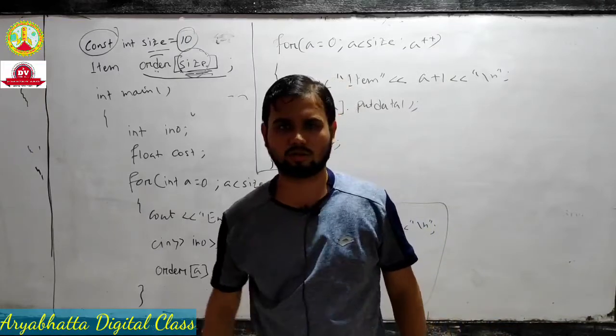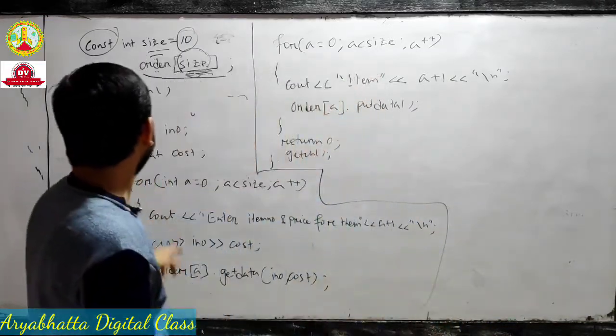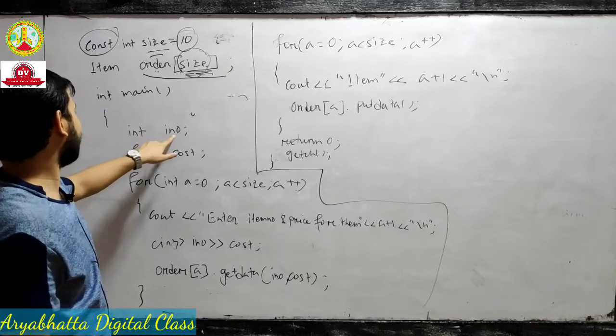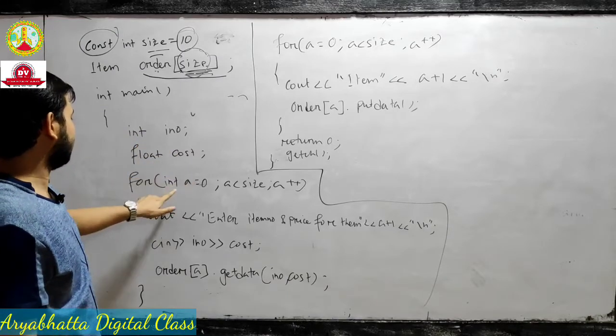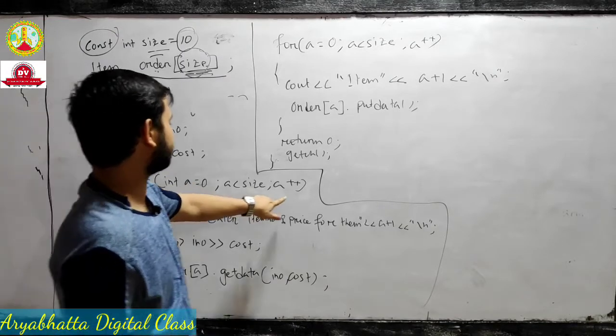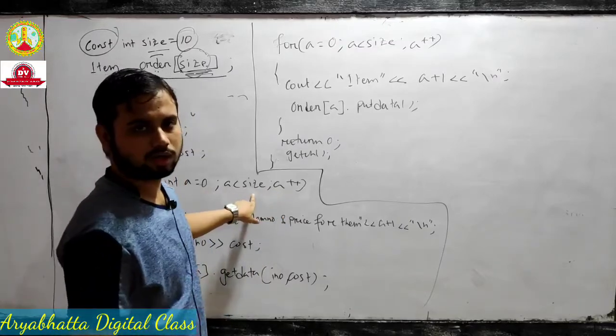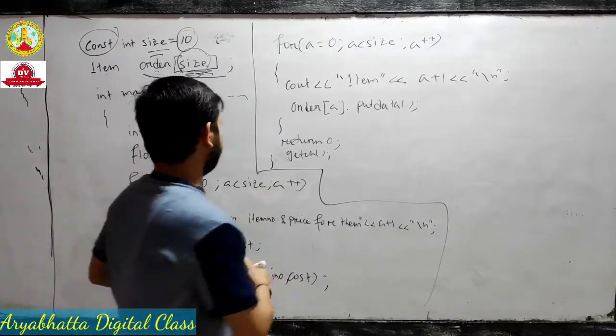You see your program question. Main function: int item number, float cost, and a equal to 0, a less than size, a plus 1, meaning 0 to what index? It will be 0 to 9.